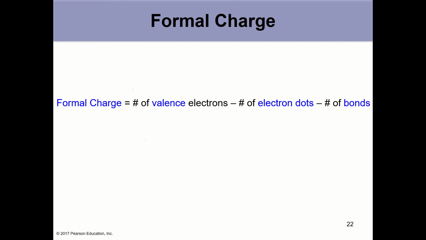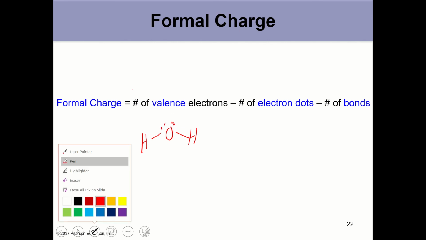What is formal charge? Formal charge is equal to the number of valence electrons minus the number of dots minus the number of bonds. So for example, if we have water, which has 2 bonds and 2 lone pairs, and oxygen has a valence of 6 electrons.